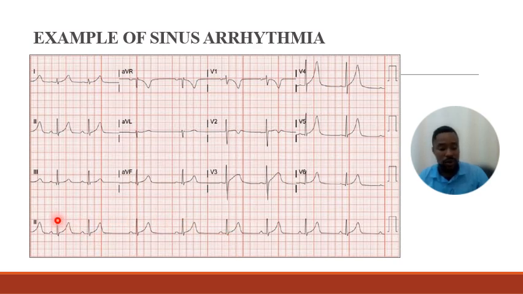So that is 8, and you multiply by 6. 8 times 6 will give you your heart rate. This is supposed to be 10 seconds, but you can use your 6 seconds to get familiar with this.